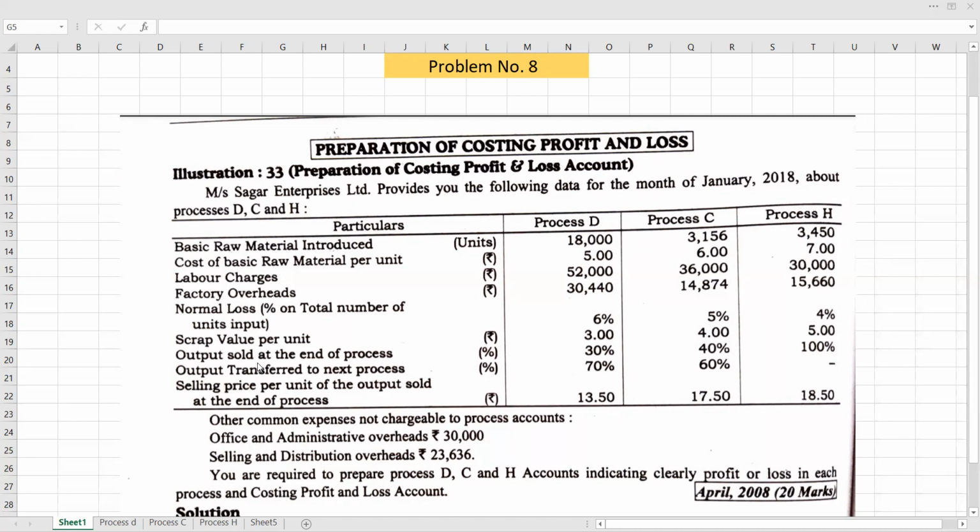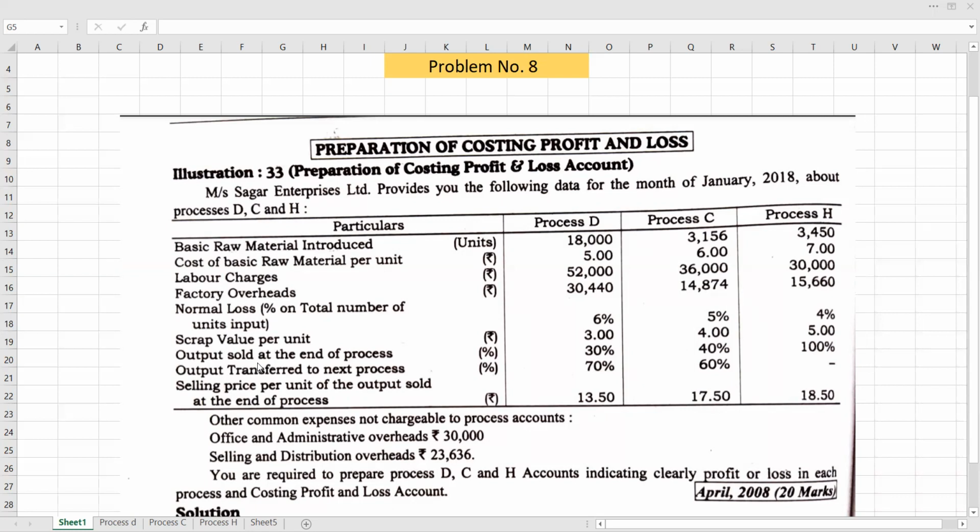Next is output sold at the end of process and output transferred to the next process. So of the output, 30% has to be sold, 30% has to be shown as sale, and the 70% amount has to be transferred to the next process. For process C, 40% sold and 60% transferred to the next process. So in process C, of the output that we get, 40% should be shown as sale and 60% should be transferred to the next process.